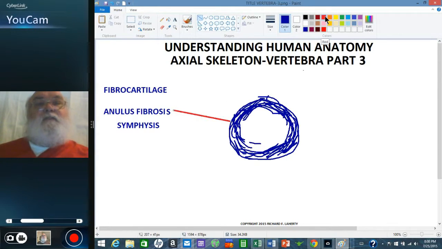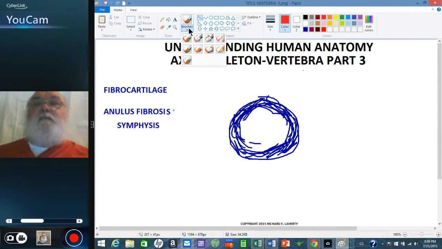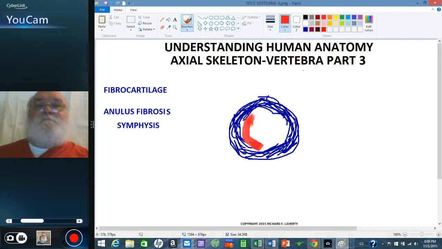Now, the inside of the intervertebral disc is composed of gelatinous material. Just filling the inside.